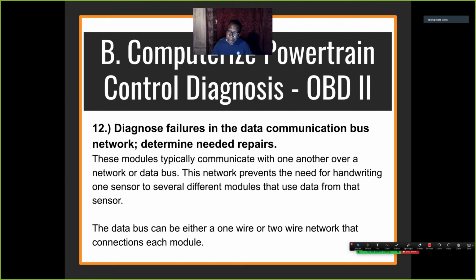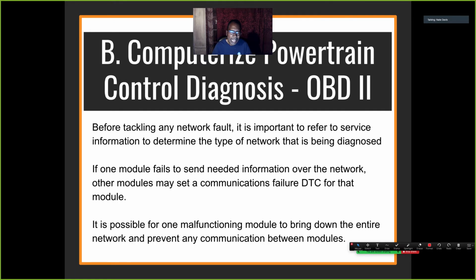Basically, remember, it's a network, communication from module to module. The data bus can be either a one-wire or a two-wire network that connects each module. For tackling any network fault, it's important to refer to service information to determine the type of network. They call it topology. There are different types of networks.